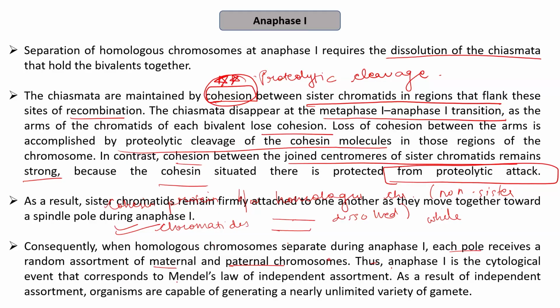This cytological event corresponds to Mendel's law of independent assortment. This is very important. Mendel's law of independent assortment can be easily seen in anaphase 1 of the cell cycle. As a result of independent assortment, organisms are capable of generating a nearly unlimited variety of gametes that may have some combinations of paternal chromosomes, some combinations of maternal chromosomes, etc.